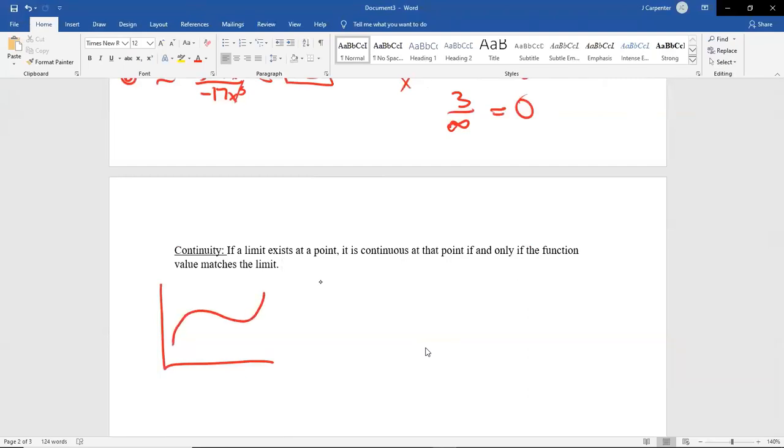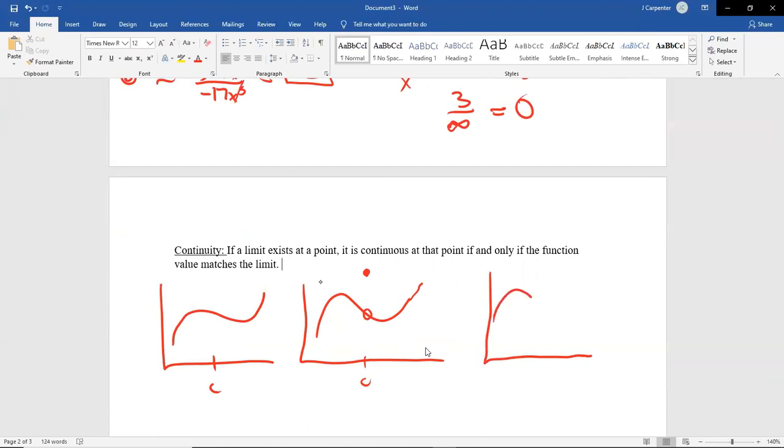Going back to this, we'll have this point right here, C. Then we'll do the same basic shape, but we'll have a hole here. Let's put the arrows on all these. Here we'll have an open circle, and here we'll have a closed circle. Not that it matters which is which. This will be our C.